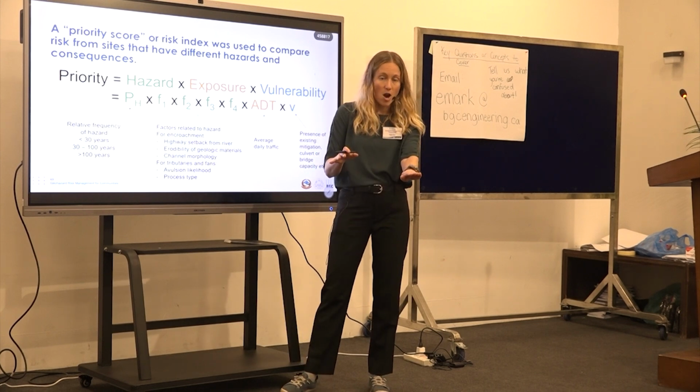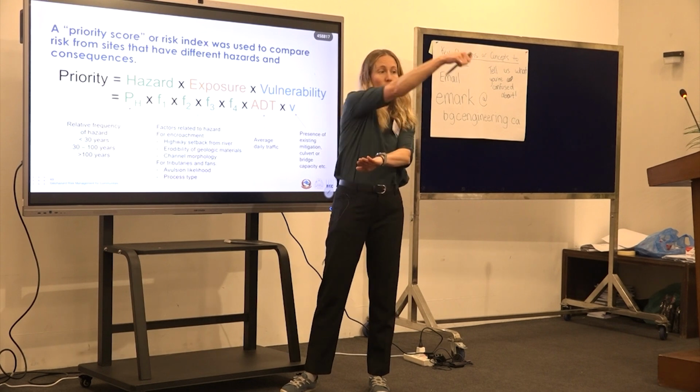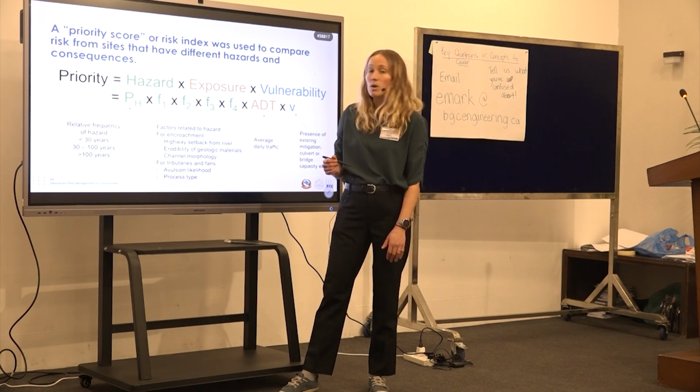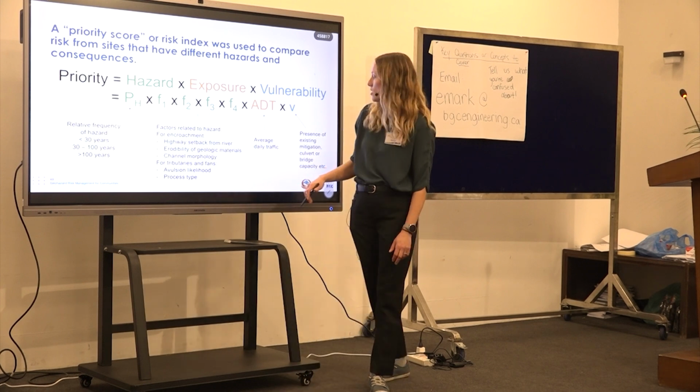So how far is the road from the river? How far is the road from the apex of a fan, the top of the fan that's coming in? What's the geology? What's the process type or the channel morphology?